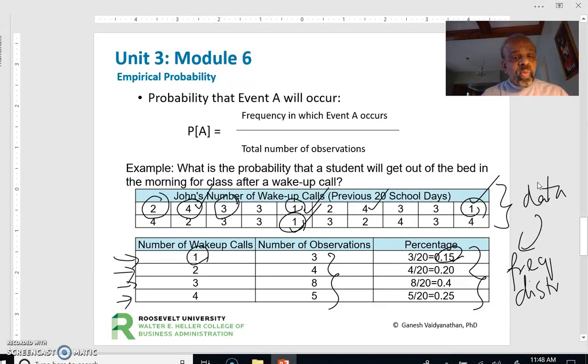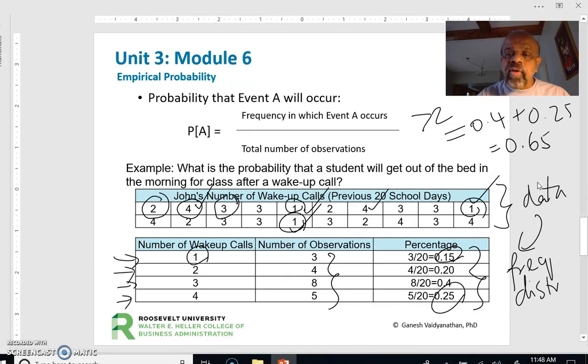John waking up with 4 wake-up calls is 25%. John waking up with anything greater than 2 wake-up calls will be 0.4 plus 0.25, which is 0.65 or 65%.